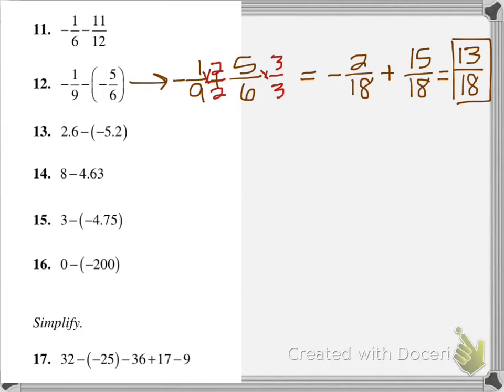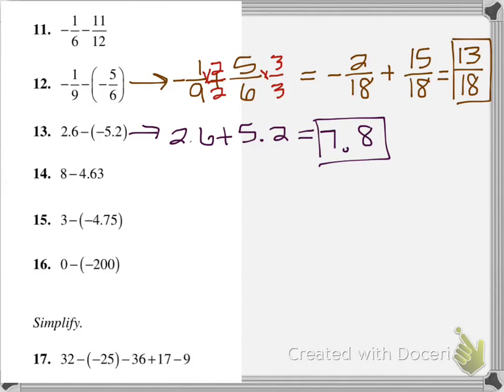Decimals, again, we're using the same sign rules. 2.6 minus a negative is a plus positive. So 2.6 plus 5.2 is going to be, well, the 6 and the 2, that is 8. Then I have the decimal, and 5 and 2 is 7, so 7.8.